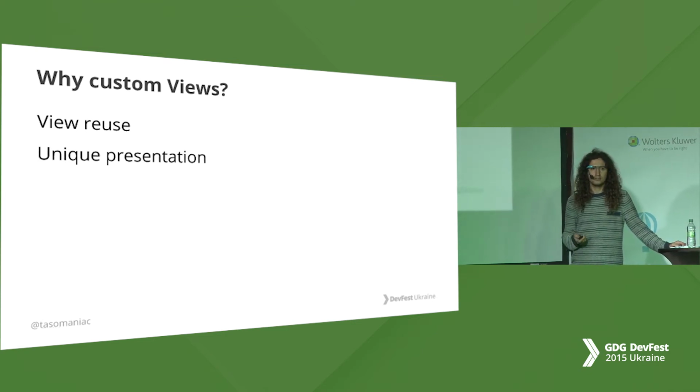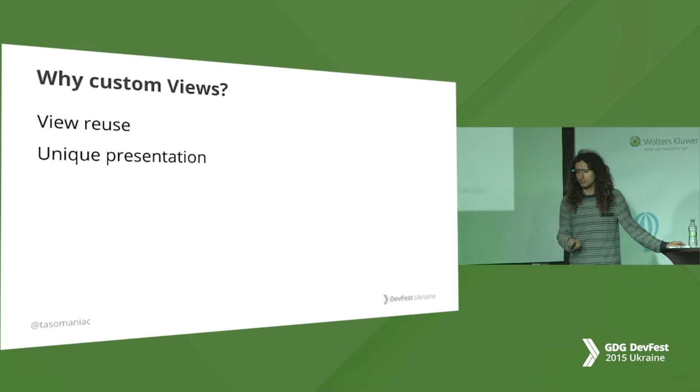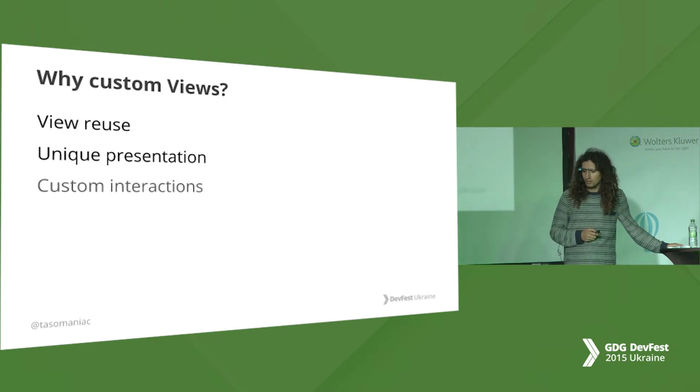Right? When the platform views are not enough, we can have unique representations in our UI. We will see a little bit more about it. We can have custom interactions.